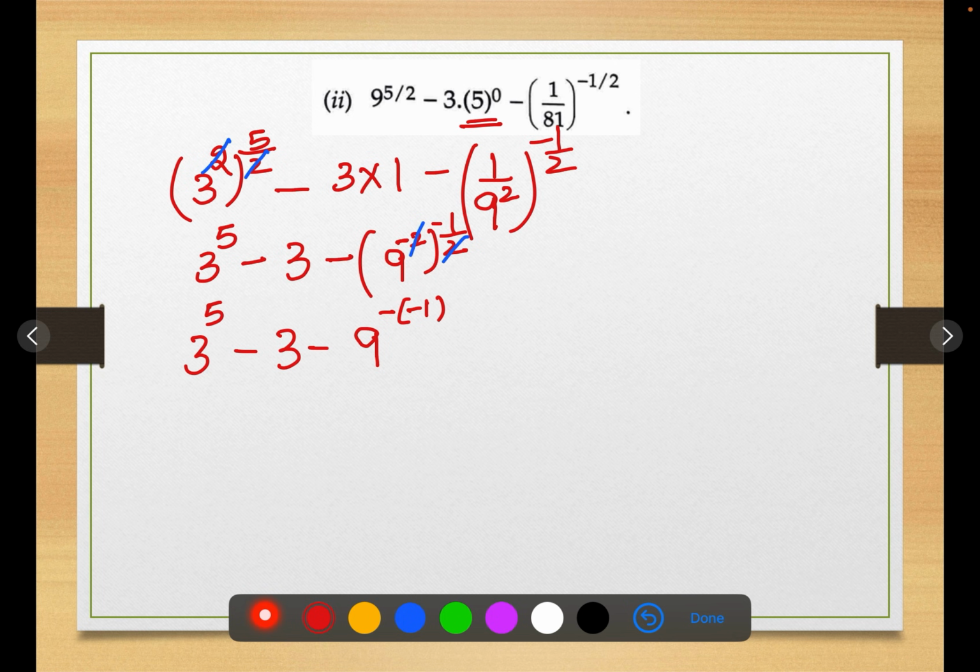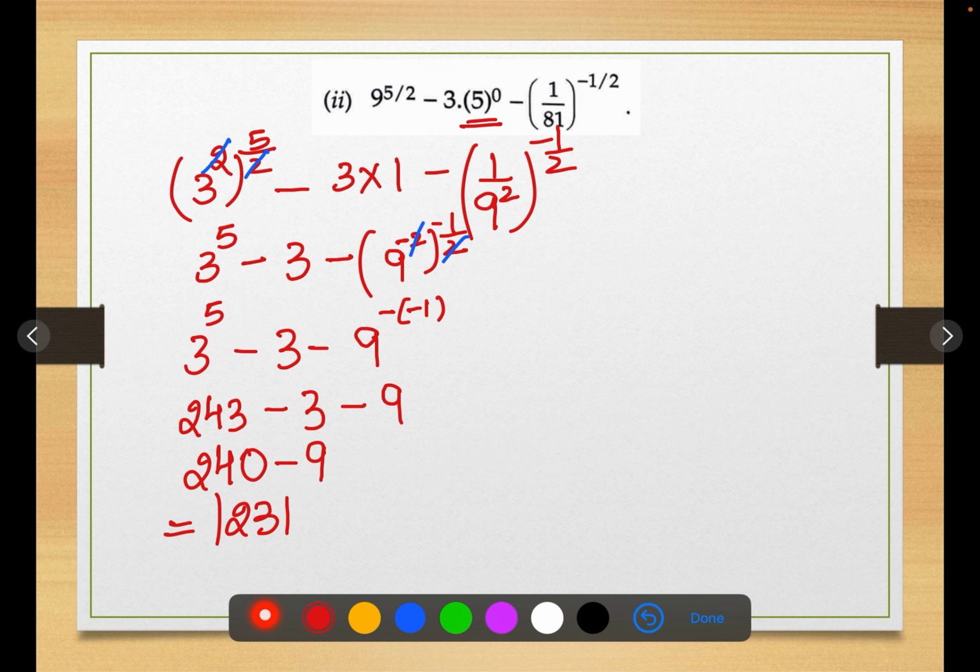So I have to find 3 to the power 5, which is 3 into 3 into 3 into 3 into 3, minus 3 minus 9. This turns out to be positive, right? Now subtract 240 minus 9, which is 231. My final answer.